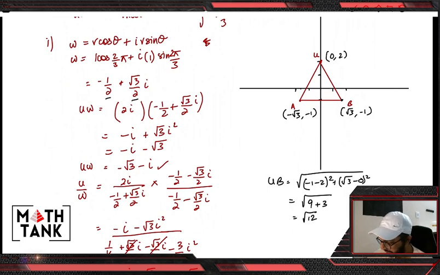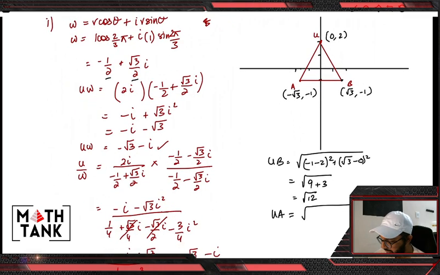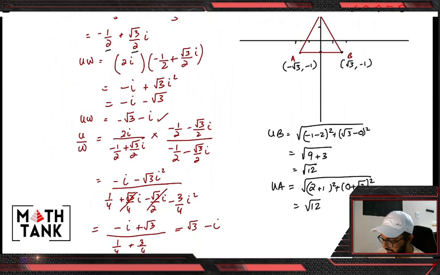Now let's calculate UA. Two plus 1 and 0 minus 0 plus root 3. That also gives me root of 12. Then AB.